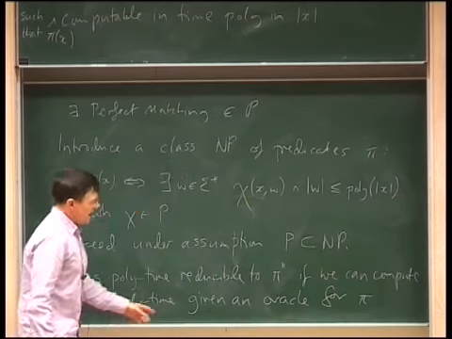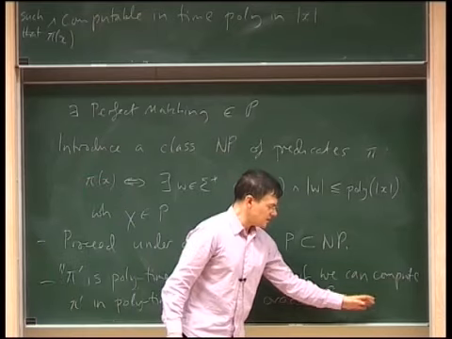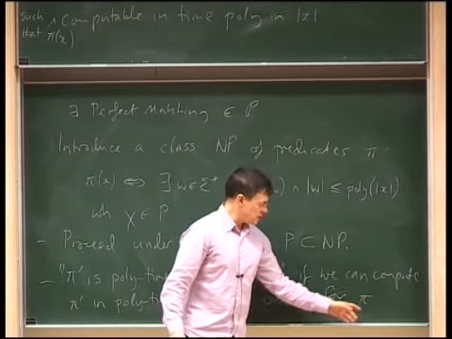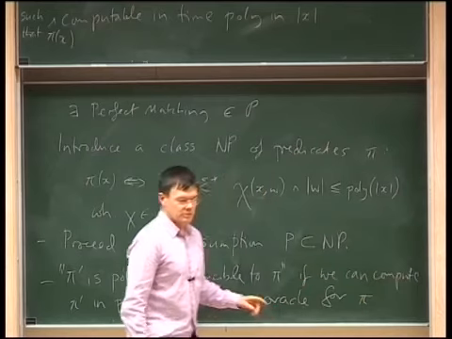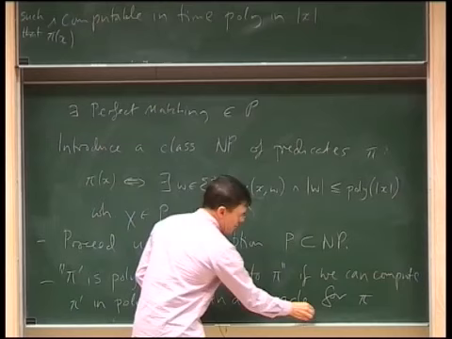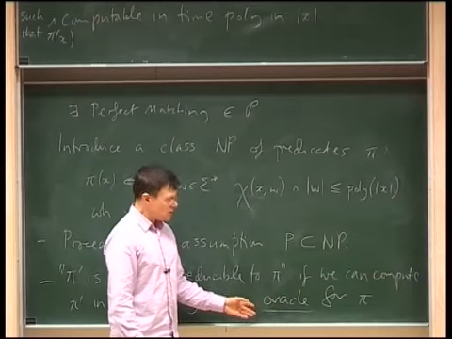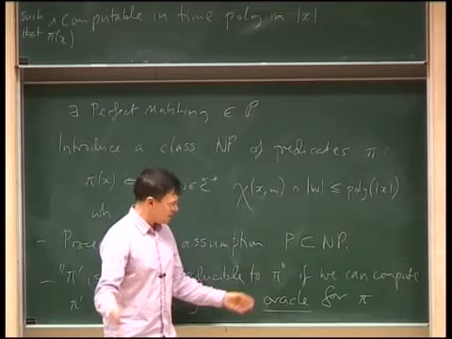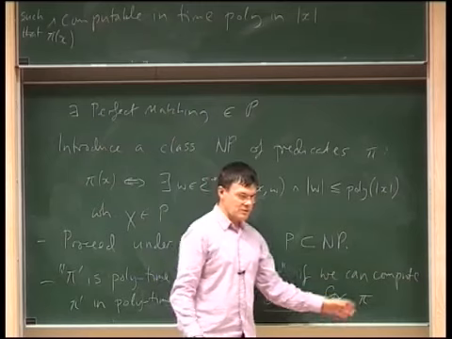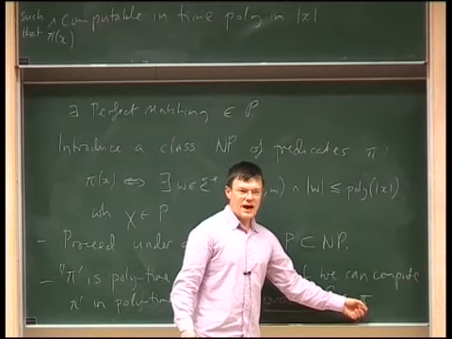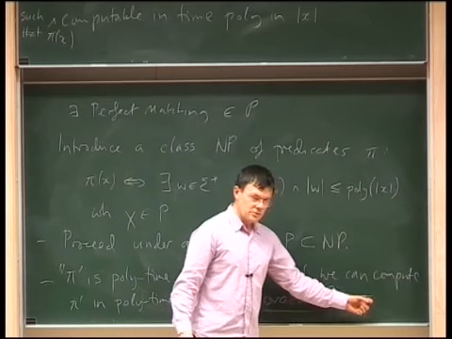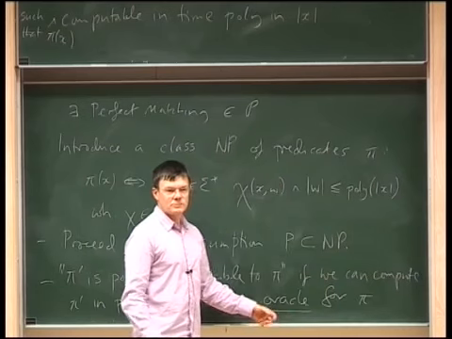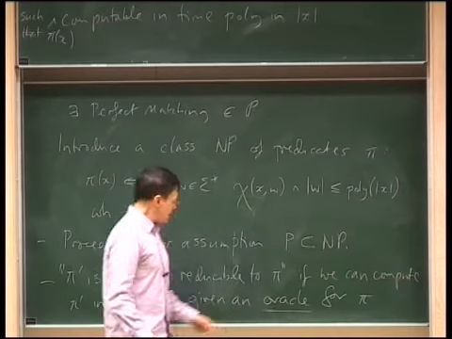Suppose you're given a little subroutine that computes pi for you, but I'm using the word oracle because you have it for free. When you call this thing, you don't count the time it takes to compute anything. Imagine it's just a black box that in one time unit gives you back solutions to this problem pi. So I'll call it oracle because it's magical, right?